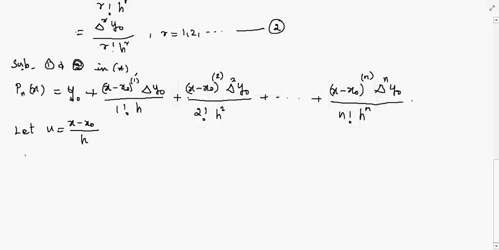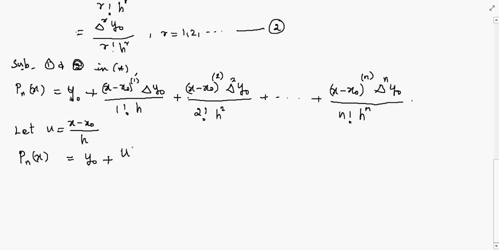Then Pn of x will become y naught plus, instead of x minus x naught whole power 1 factorial by h, we will write u.